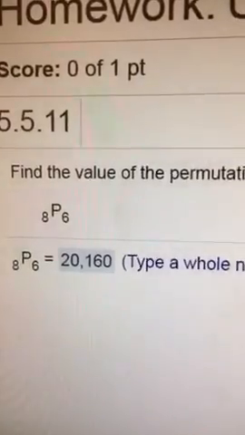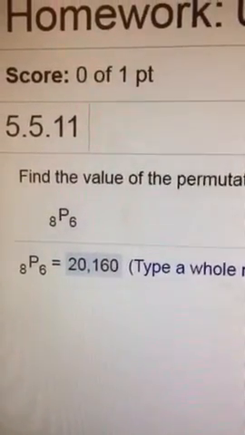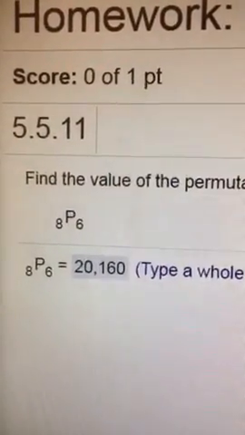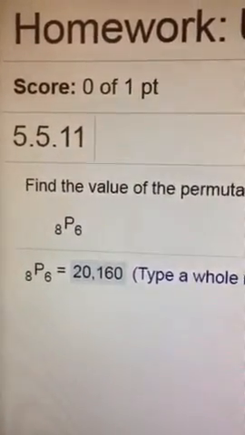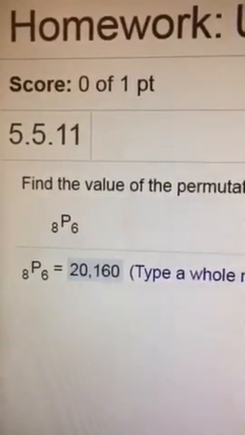In this case, order matters, and with permutations, order matters. With combinations, order does not matter. So we're going to type this into the calculator, starting out with N, which is 8, and then we'll do permutations, and R, which is 6.